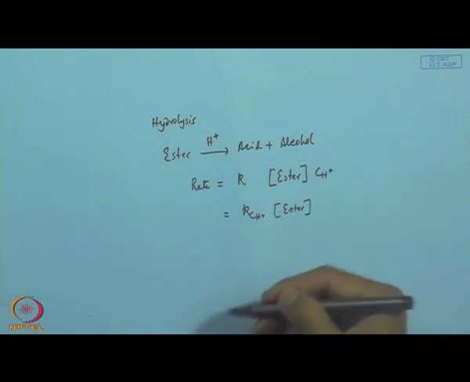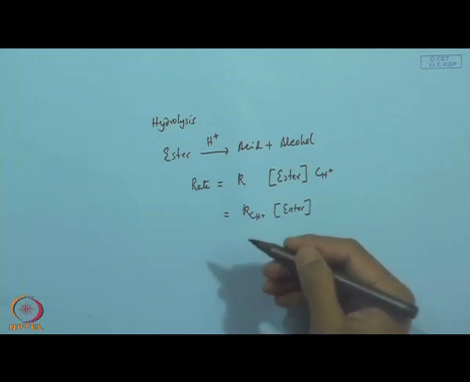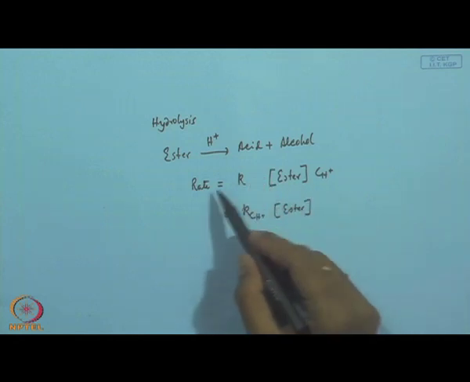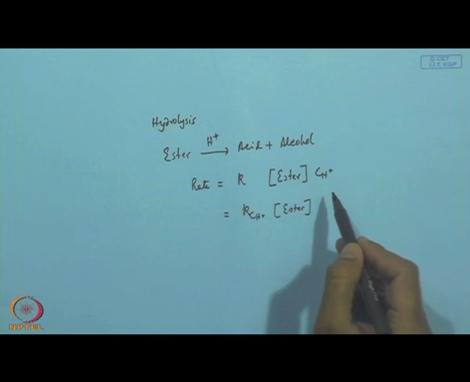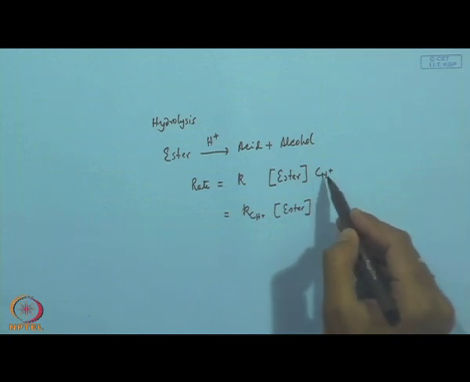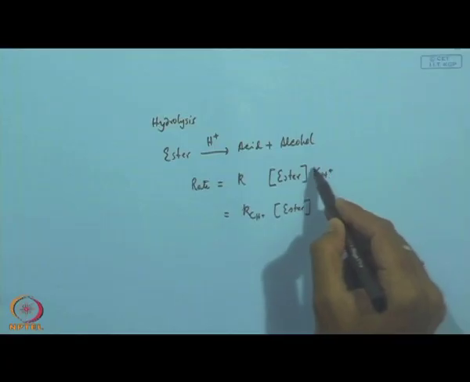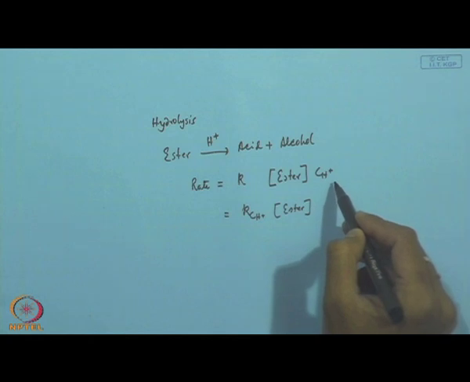So if you just divide the old rate with the new rate, then you can find out how many fold increase of H+ has been made. So this CH+ is called the catalytic coefficient. Okay, so there is a 1-to-1 correspondence between this.